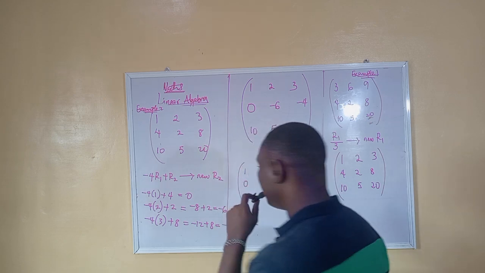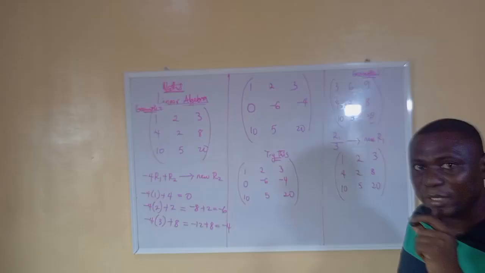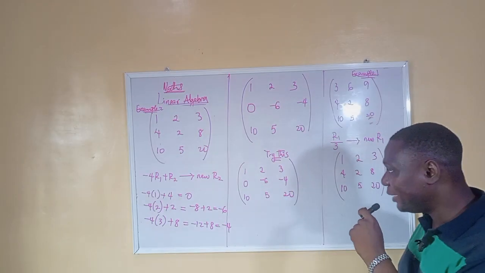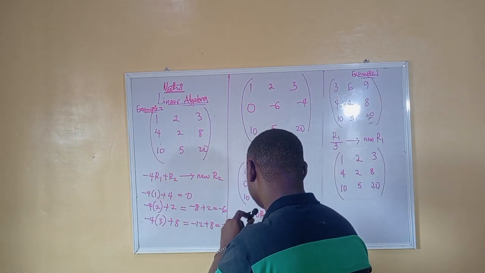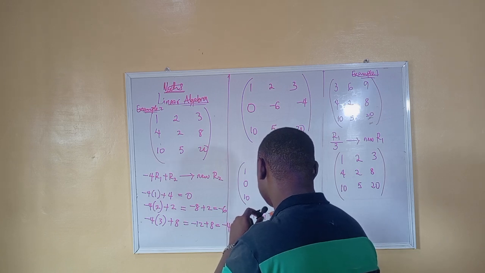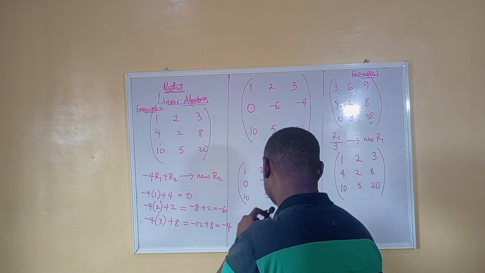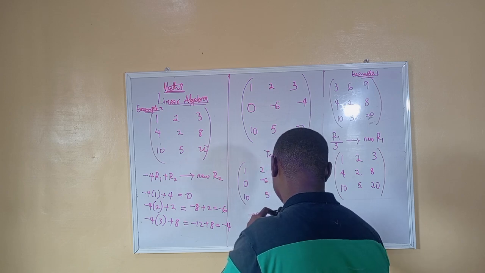Now, what if the question says we should find negative 10 row 1 plus row 3 to give us the new row 3.